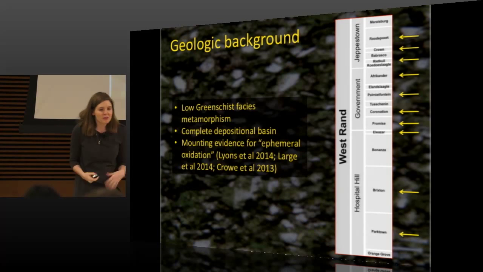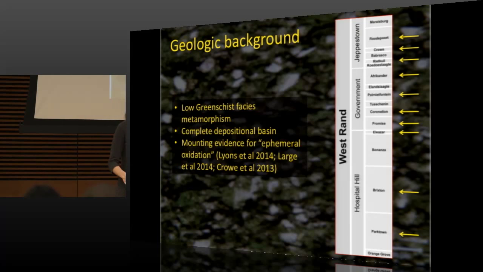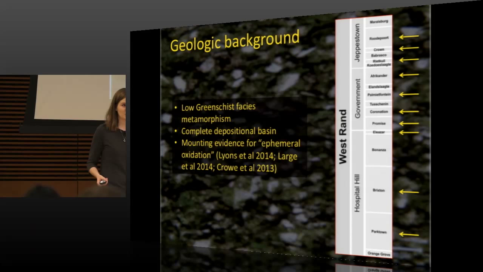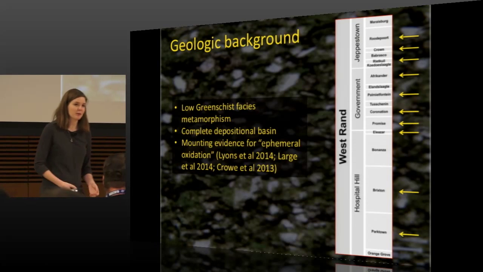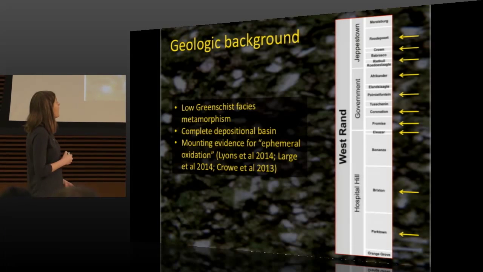There's a couple really fantastic aspects of the West Rand Group. The first is that it has experienced low greenschist facies metamorphism, which sounds pretty scary to anyone that works with younger rocks or modern sediments, but for the Mesoarchean, it's pretty much the best we can hope for.